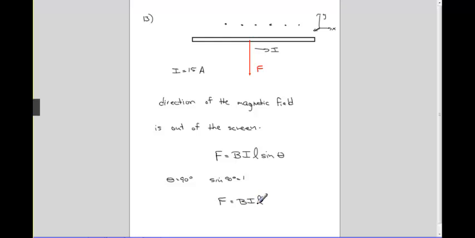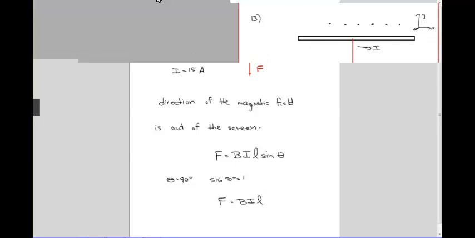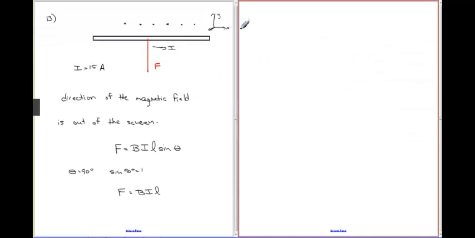Okay, so let's go back and look at the problem again because I don't remember whether anything about length was given. Okay, so what they give you is a force per unit length, 0.12 newtons per meter.